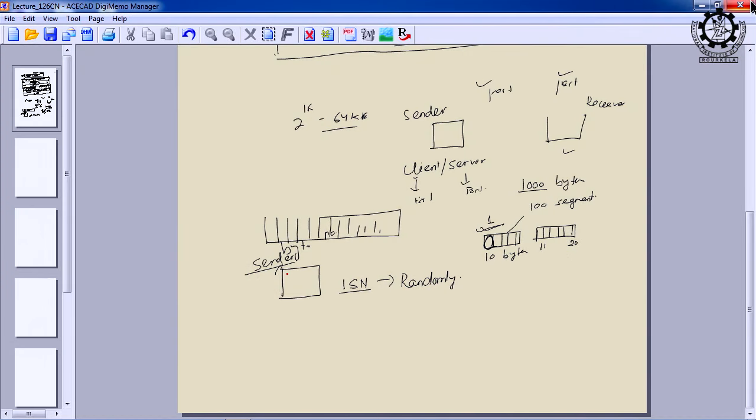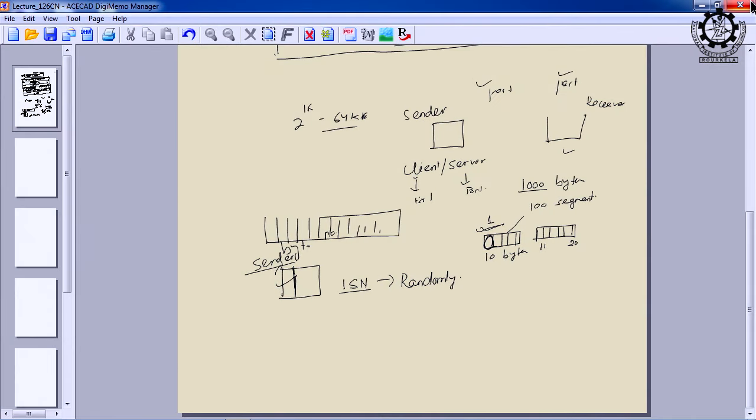It could be 5000, 900, 9000, any number. That initial sequence number is the sequence number of the first segment to be transmitted. Now let us say in our case 1000 bytes are generated and the random ISN, the initial sequence number, is equal to 1. That will be generated by the OS randomly, so we do not have to bother about that.